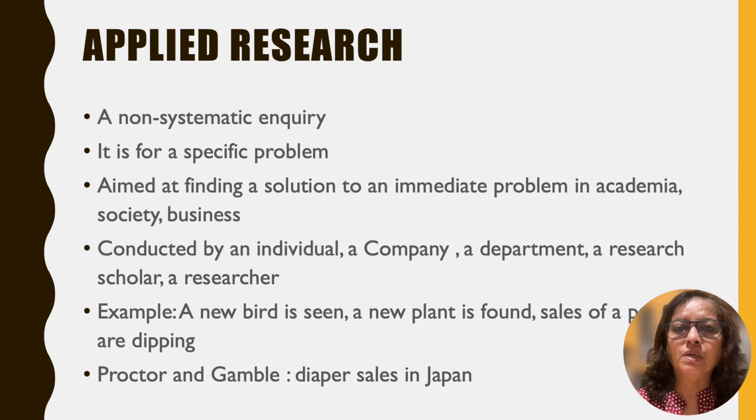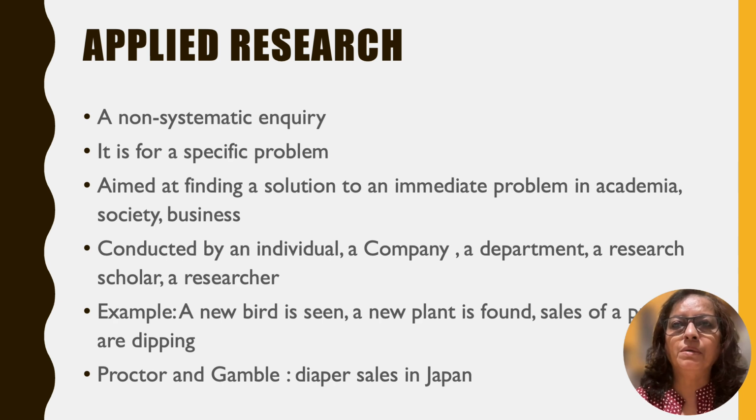Now, as you know, there are different sizes of people, and the babies are also accordingly different sizes. So what happened is the size that could fit American babies was not fitting Japanese babies, and that is why the sales of these diapers were dipping.